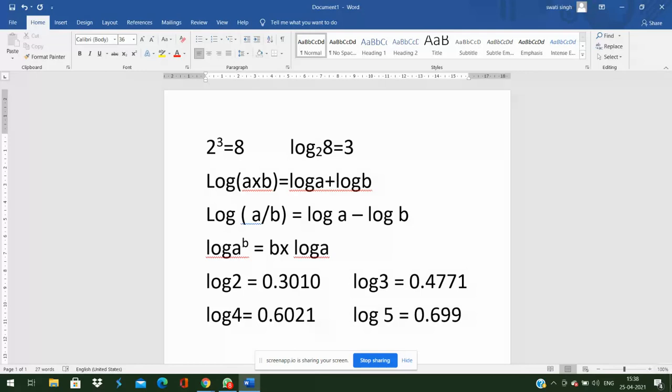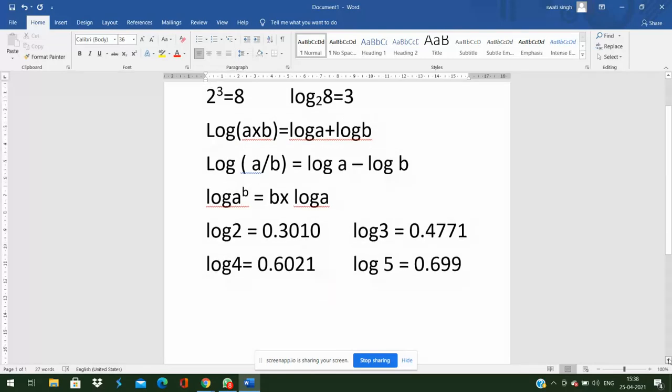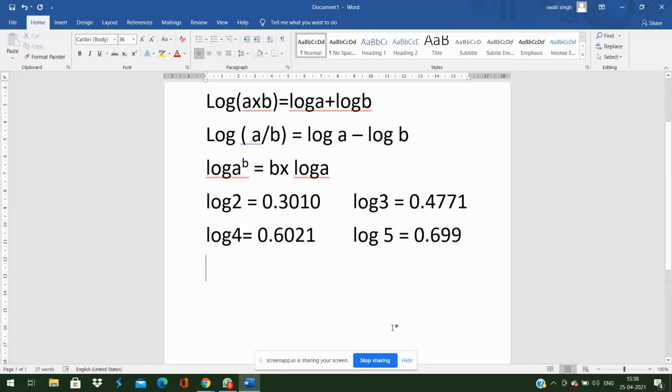Suppose we are taking a question related to log. So I have taken log 27. 27 is what? 3 into 3 is 9, 9 threes are 27. That means 3^3. So we can take it as log 3^3.